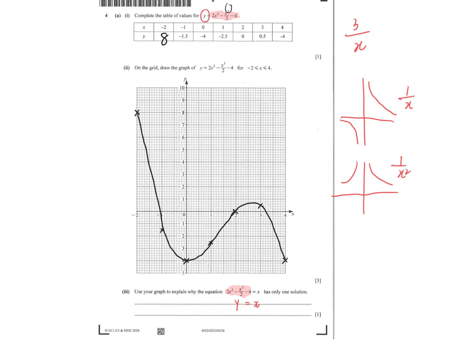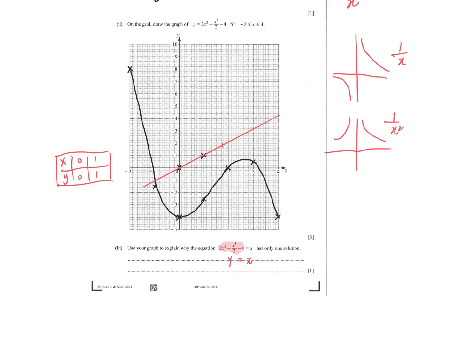This is equals to y. So if you go and draw the y equals to x line, 0, 0, 1, 1, you go and plot it out and draw a line across. There is only one solution because it only cuts the graph at one point.